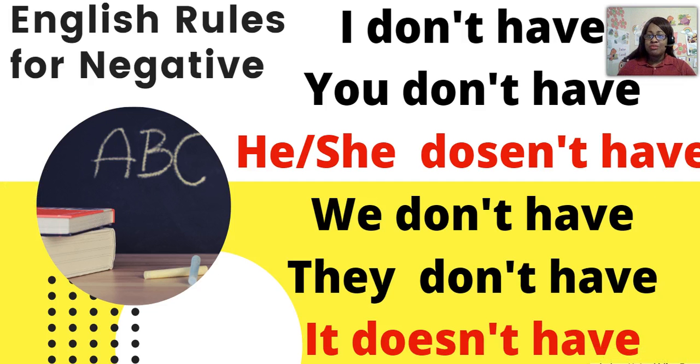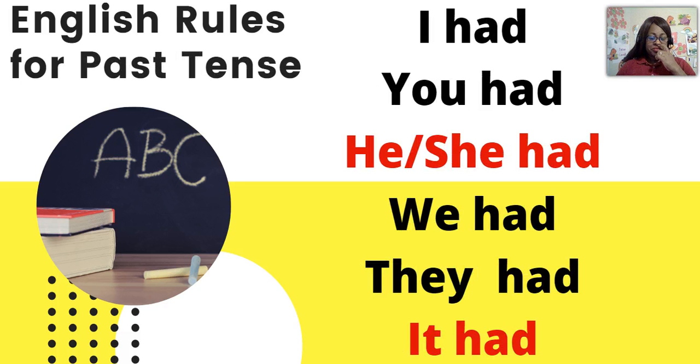Again, a lot of times you're not going to hear does not or do not. Don't and doesn't are the contractions of do not and does not. Okay? Very simple.